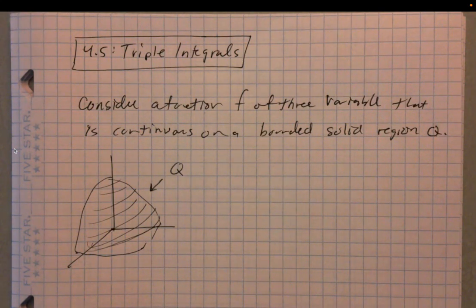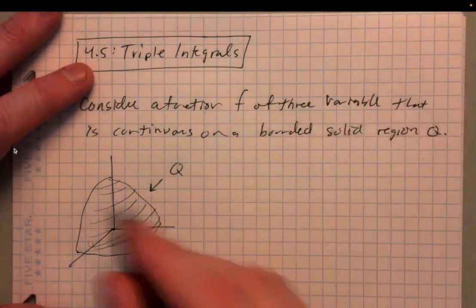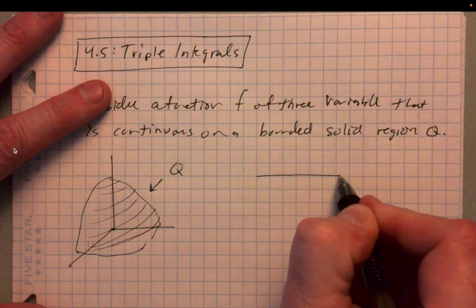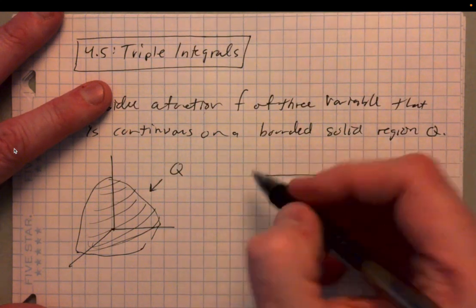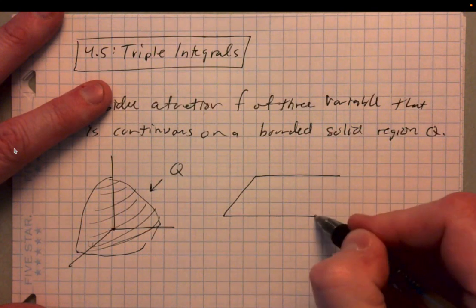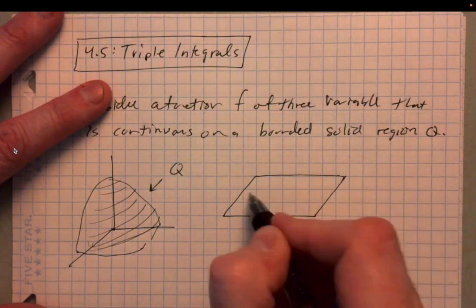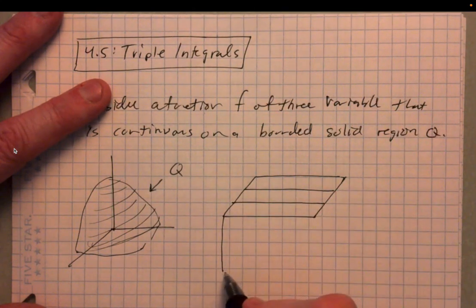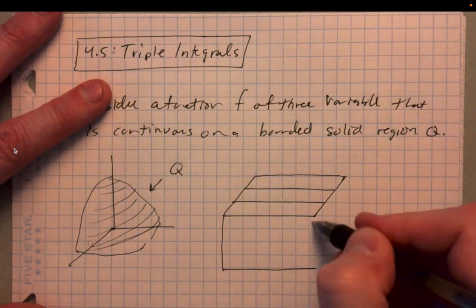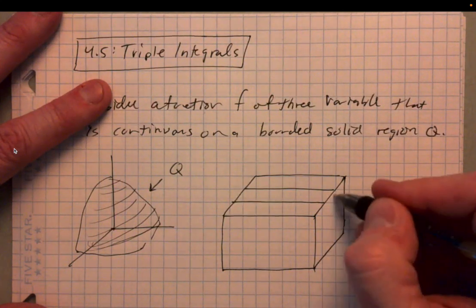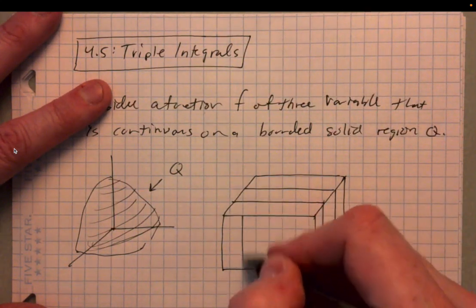Let's start by drawing what we mean by this. I'm going to redraw this over here, but I'm going to start by drawing the grid first, because it's much easier if you start with the grid. This is going to be obviously a very crude grid. It's going to look like basically cubes, like this.